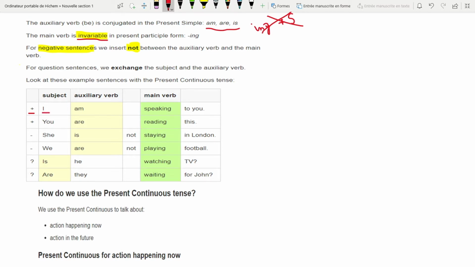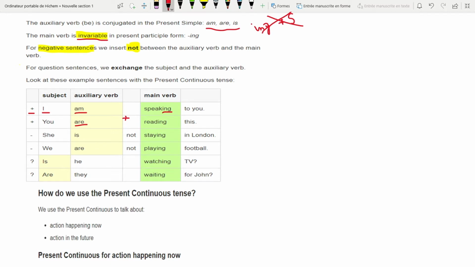Subject, verb be conjugated in the present simple, plus the main verb, plus the rest of the sentence. Okay? As you can see, to the main verb we added the ing, okay? The present participle form. This is how we form a positive sentence in the present continuous or the present progressive.